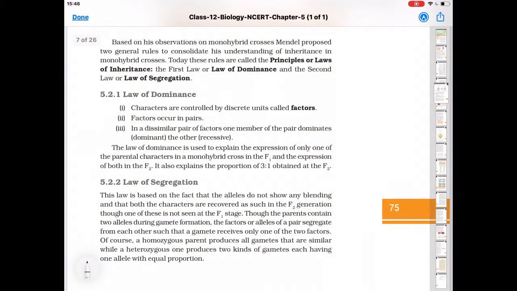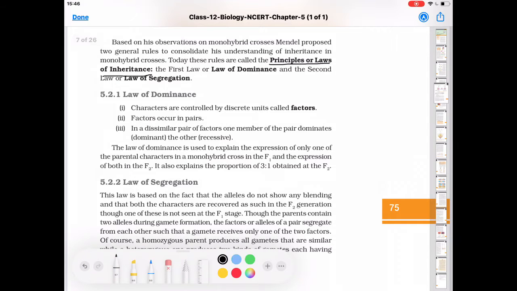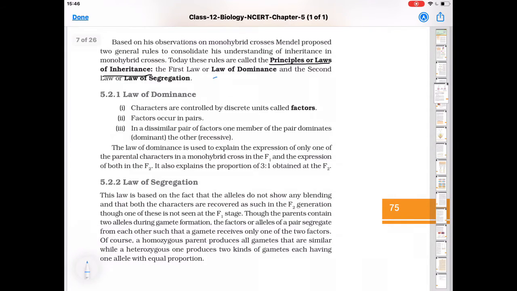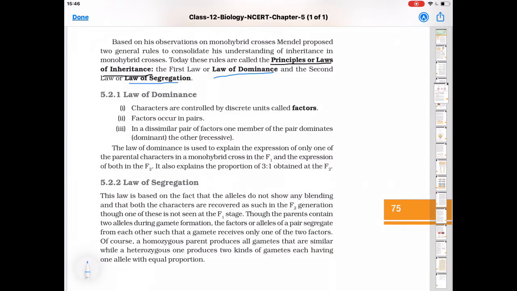Based on his observations on monohybrid crosses, Mendel proposed two general rules to consolidate his understanding of inheritance in monohybrid crosses. These rules are now called the principles or laws of inheritance. The first is the law of dominance and the second one is the law of segregation.